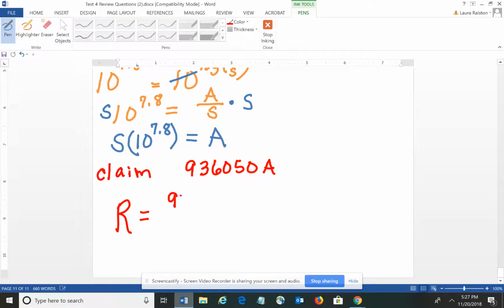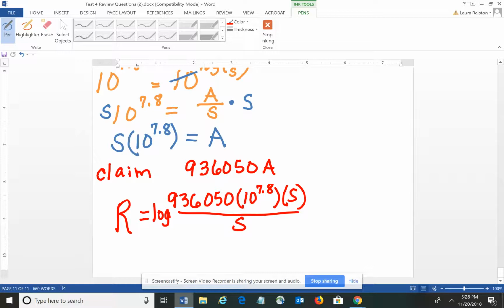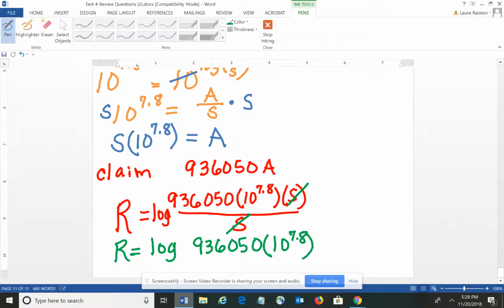So we would have the log of 936,050 times 10 to the 7.8 times S, all divided by S. If you'll notice, the S in the denominator and the S in the numerator divide out, so that I have R equals the log of 936,050 times 10 to the 7.8 power.